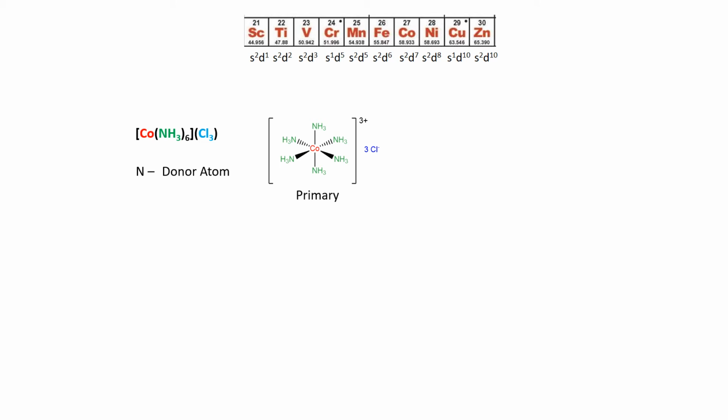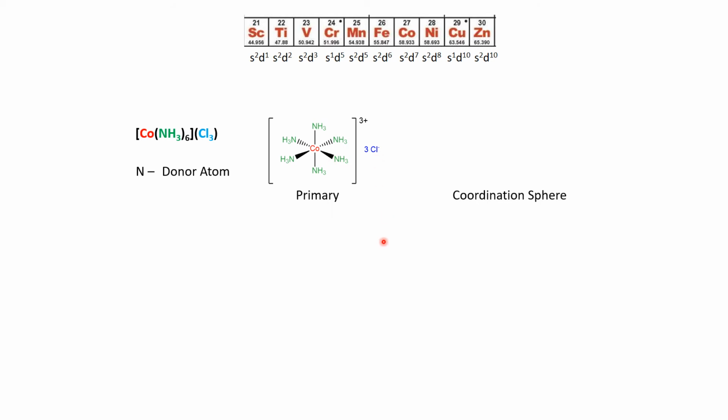We also need to be able to distinguish between what of the possible ligands in there are bonded directly to the metal. They are described as being in the primary coordination sphere. And then in this case, we have chloride. Sometimes we'll have waters. Sometimes we'll have other species that are associated with the complex, but they're not directly bonded to the metal.